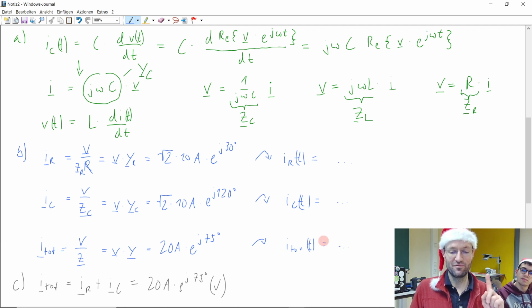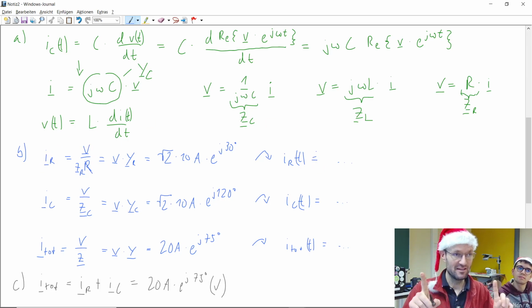And then what is very important, and this will be the very last thing that I will explain for today, is this complex phasor and this time function, they mean the same thing. We would like to express the same thing with them, but they are not equal from a mathematical point of view.